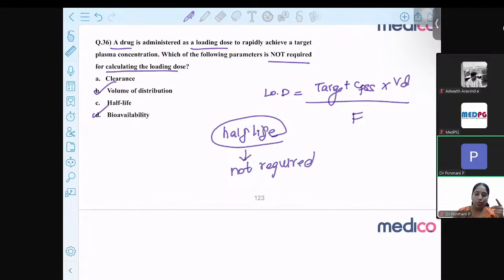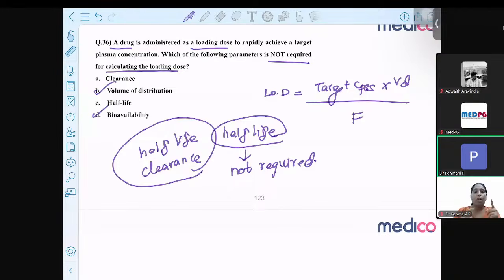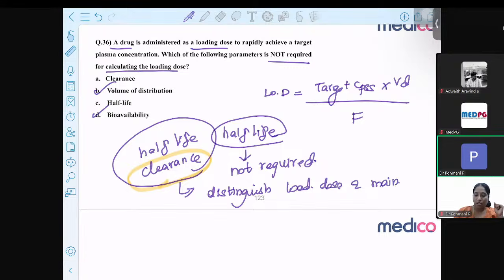Here there are two options. One is half-life and the other is clearance. Among these two, if I want to pick one option, which will I pick? I will definitely go for clearance. Why? Because clearance is the one factor which is going to distinguish between a loading dose and a maintenance dose.